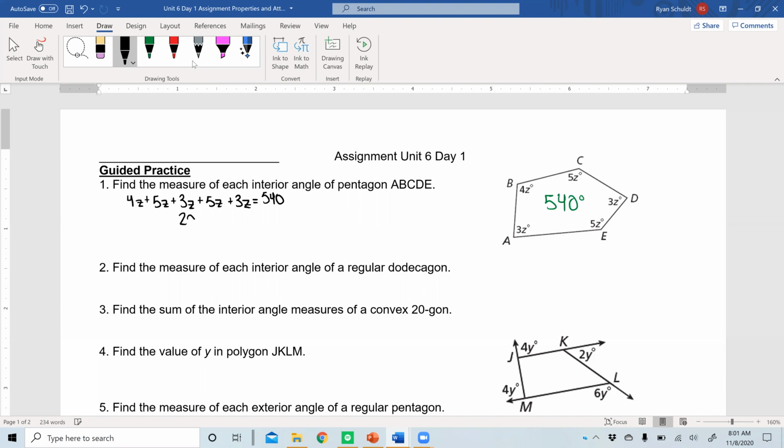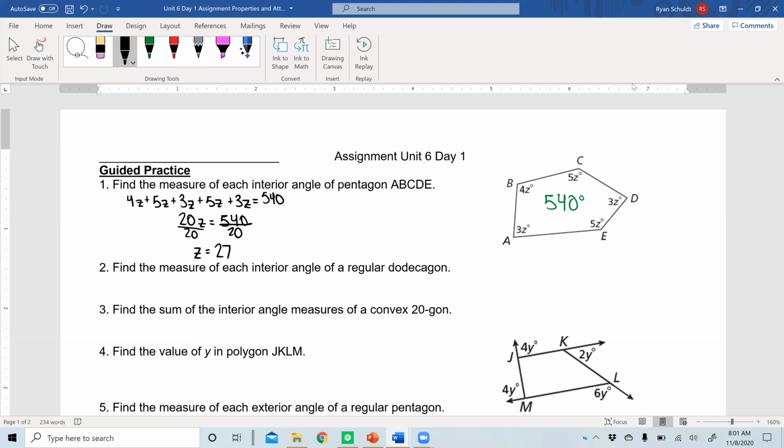Looks like 20z equals 540. Divide by 20. And for z, you get 27. But it doesn't ask you to find z. It asks you to find all the angles.